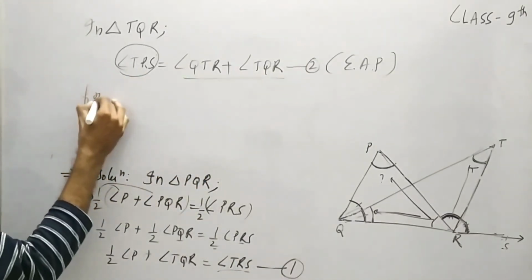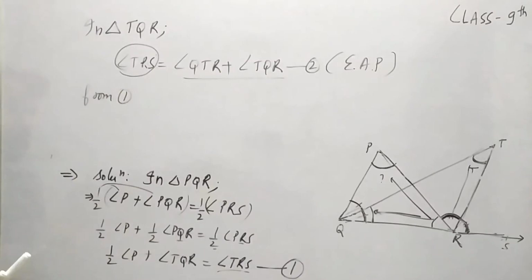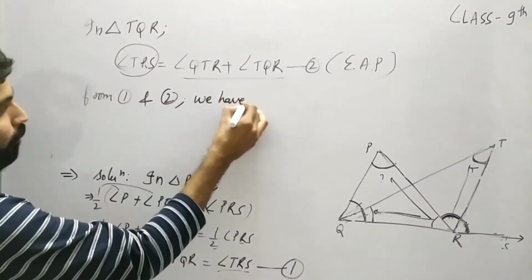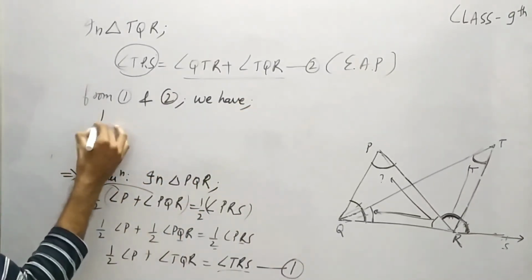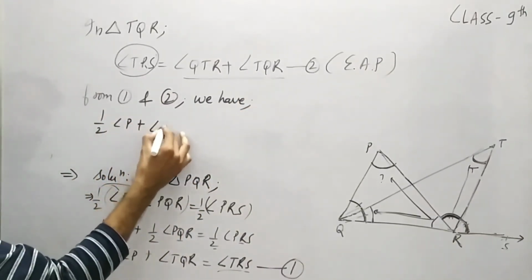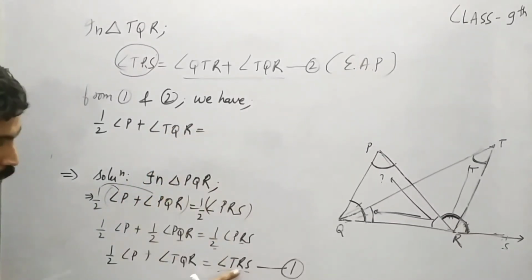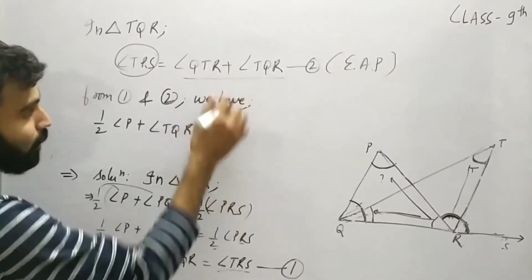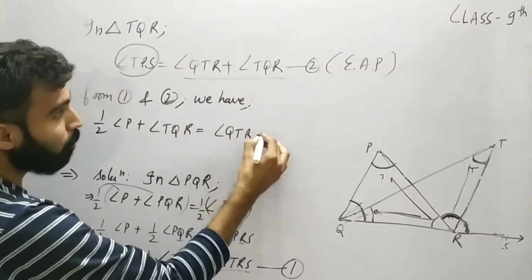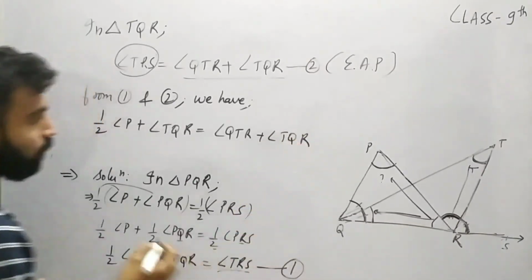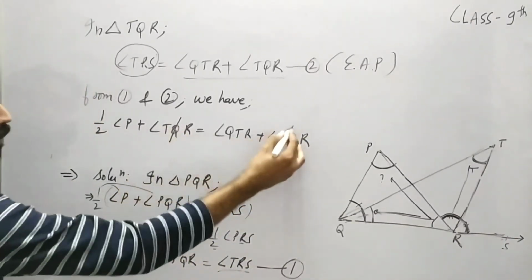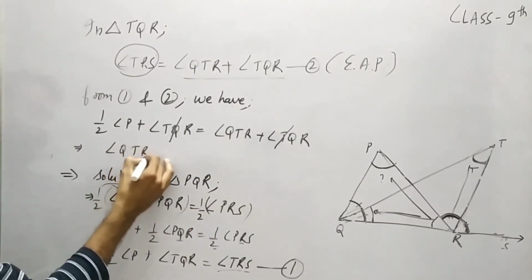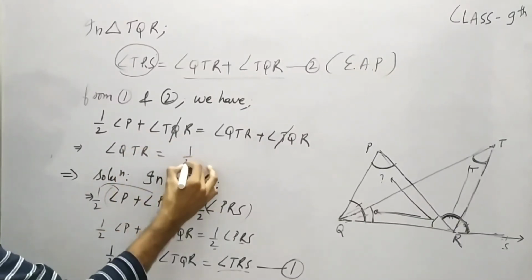So from first and second, let me write this equation: half angle P plus angle TQR is equal to, at the place of TRS, I'm going to write QTR plus angle TQR, right? Now you will see this TQR will cancel out. So this will give me angle QTR is equal to half angle P, right?